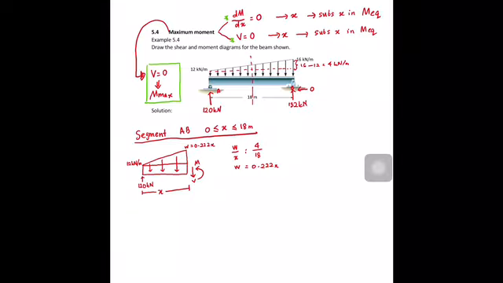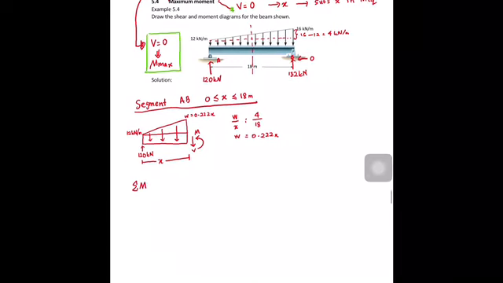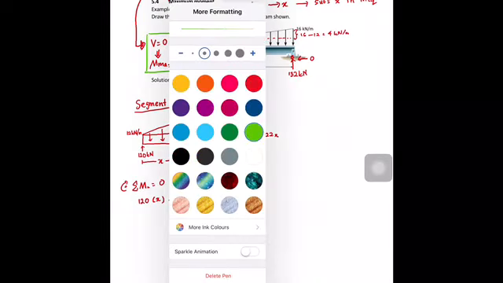And then again, by using the equilibrium equation, summation moment at x is equal to 0, clockwise is positive, then you have 120 times x minus 12 times x times 1 over 2 times x. So again, put the notes here.